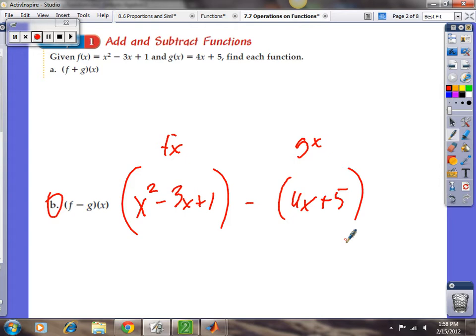There's two terms in here. You have got to subtract both of these terms. So x squared, negative 3x minus 4x is negative 7x, and 1 minus 5 is negative 4. If you're subtracting, you've got to subtract both terms.